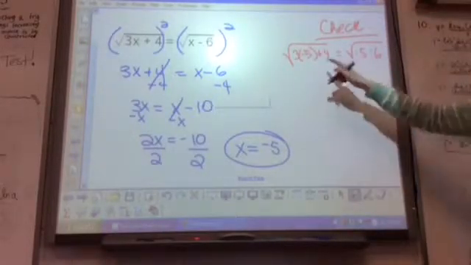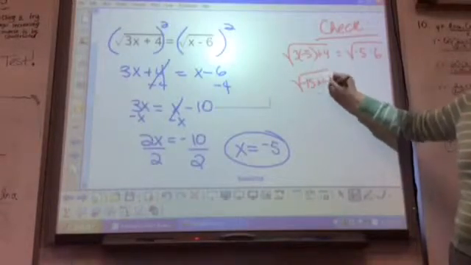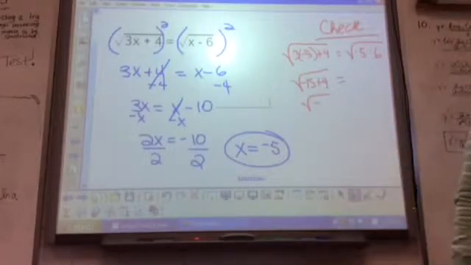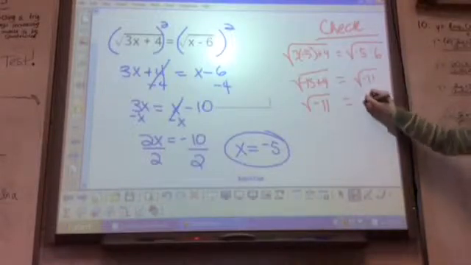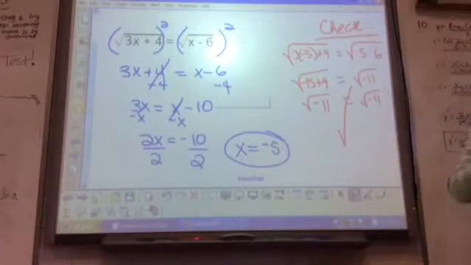So when I go to check, I've got square root of negative 15 plus 4, which is the square root of negative 11. Over here, so that is okay.